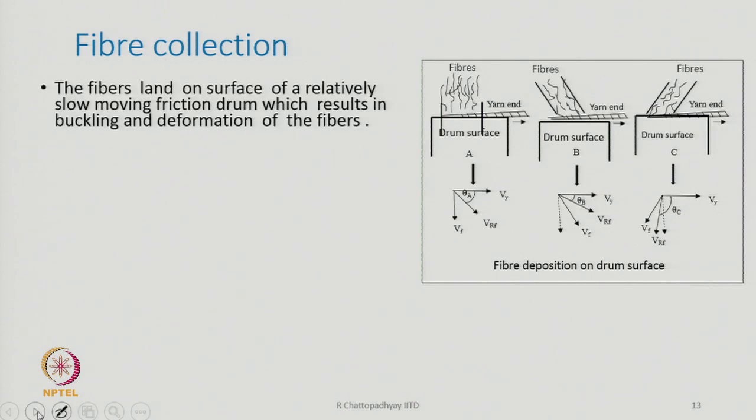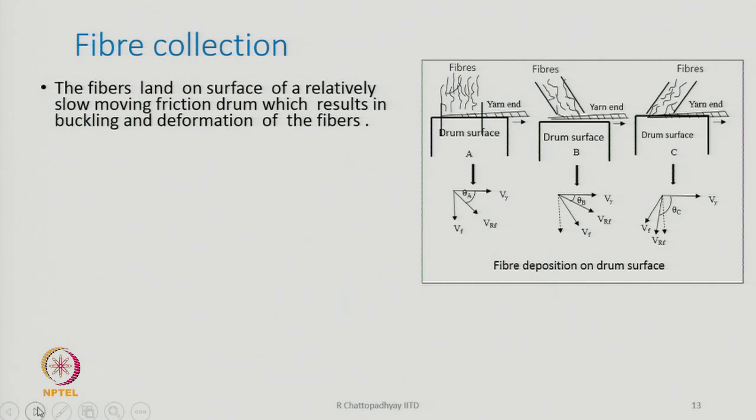In fiber collection, the fibers land on the surface of the relatively slow moving friction drum. The friction drums in this case are perforated, and their rotational speed is relatively less in comparison to the incoming speed of the fibers, because fibers are coming in the form of a very thin stream.